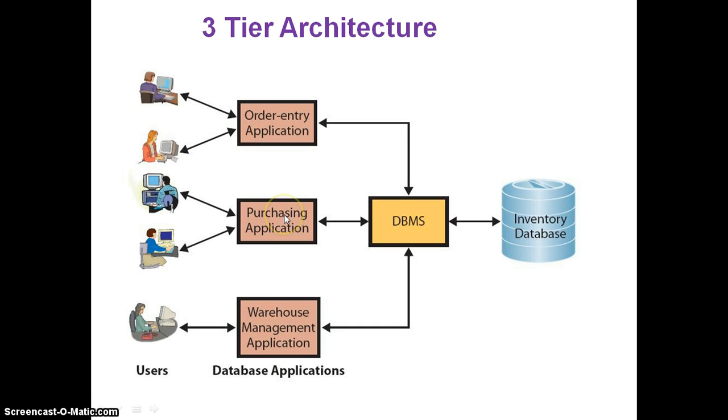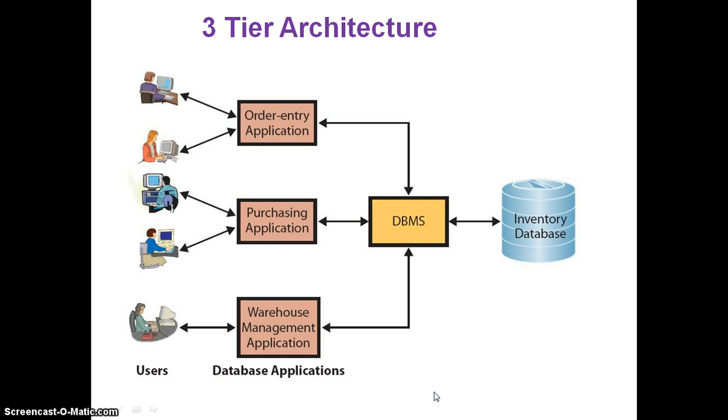In turn, the application interacts with the database. This is what we call three-tier architecture, because this is a presentation layer, this is a business layer, and this is a database layer. The database alone stores the data, so these are three, and that's why we call it three-tier architecture.